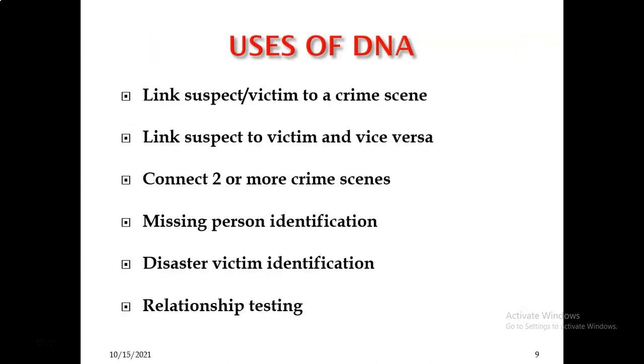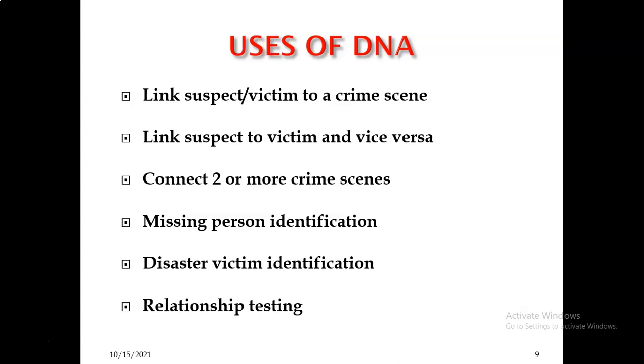Uses of DNA. How do we use DNA in forensic science? 1. We use DNA evidence to link suspect or victim to a crime scene. 2. To link suspect to victim and vice versa. 3. We can use DNA evidence to connect two or more crime scenes. 4.